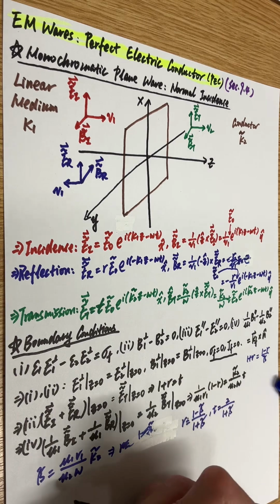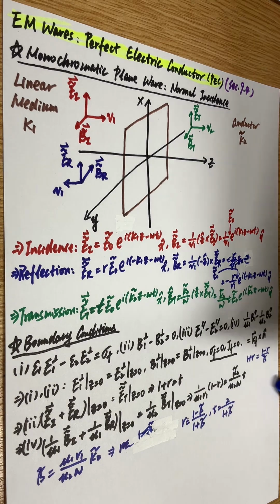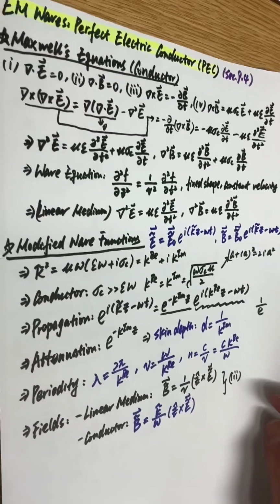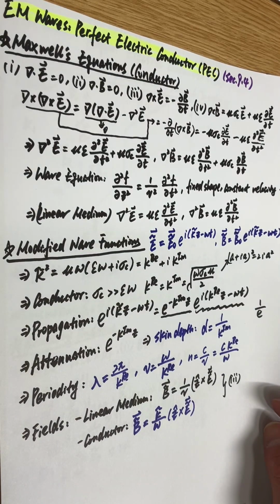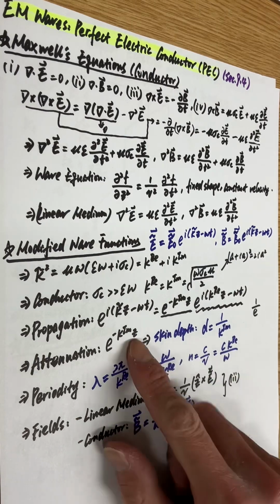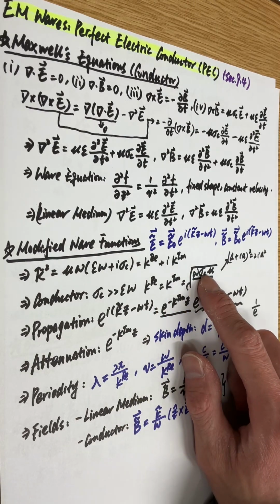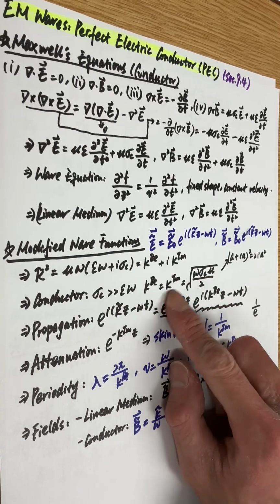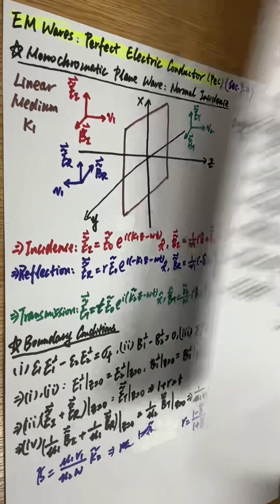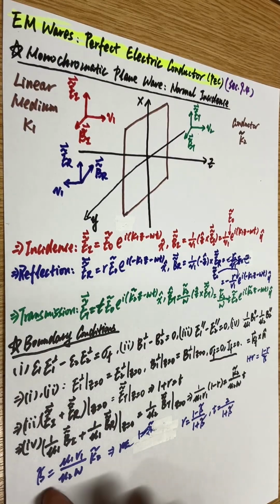Now, what happens when you have a perfect electric conductor? The conductivity is infinite, and then kappa, real part and imaginary part, will both be infinite. And when kappa is infinite, beta is infinite.